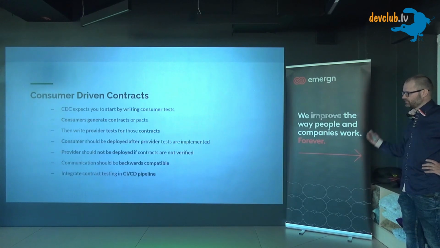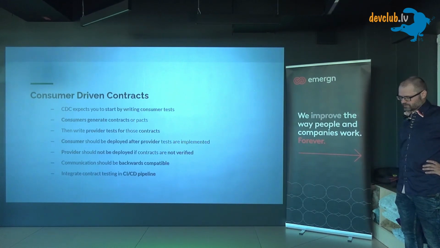So you won't be able to deploy your changes because CI phase will fail, and will fail because contract tests will not be verified. And you will see that there's an issue.